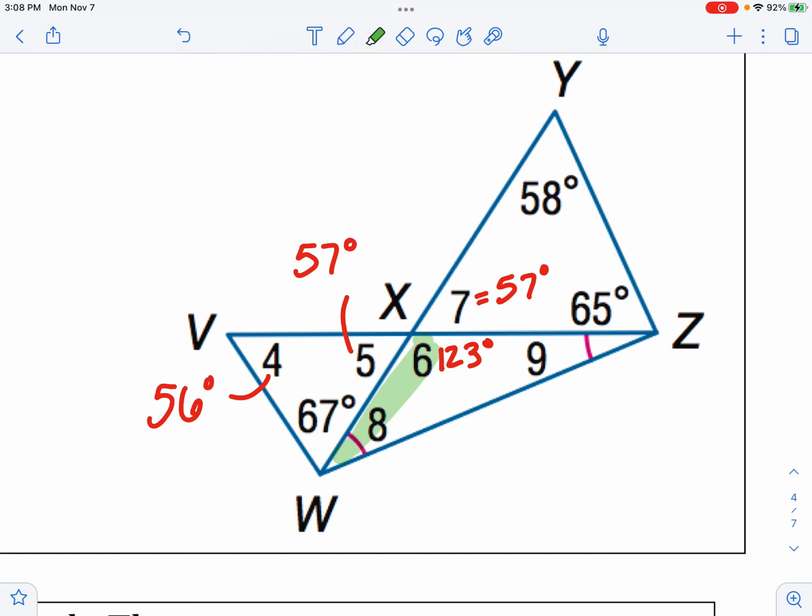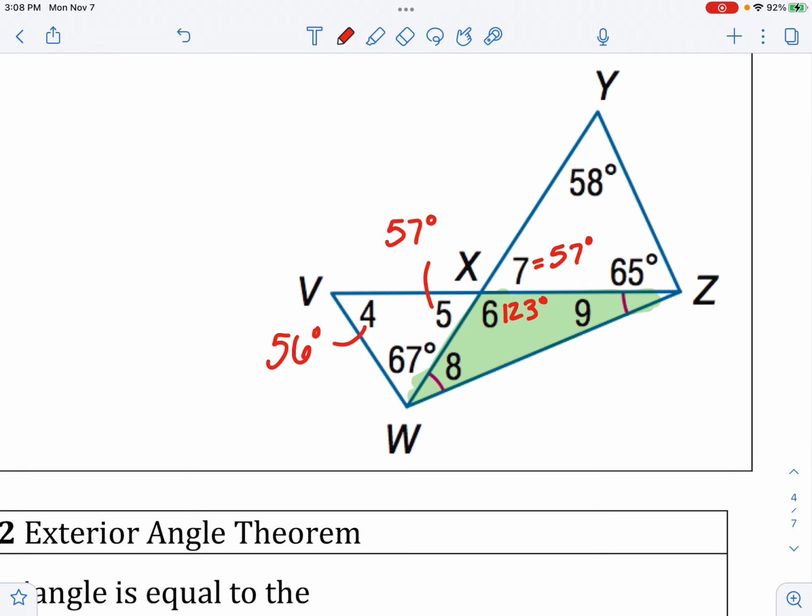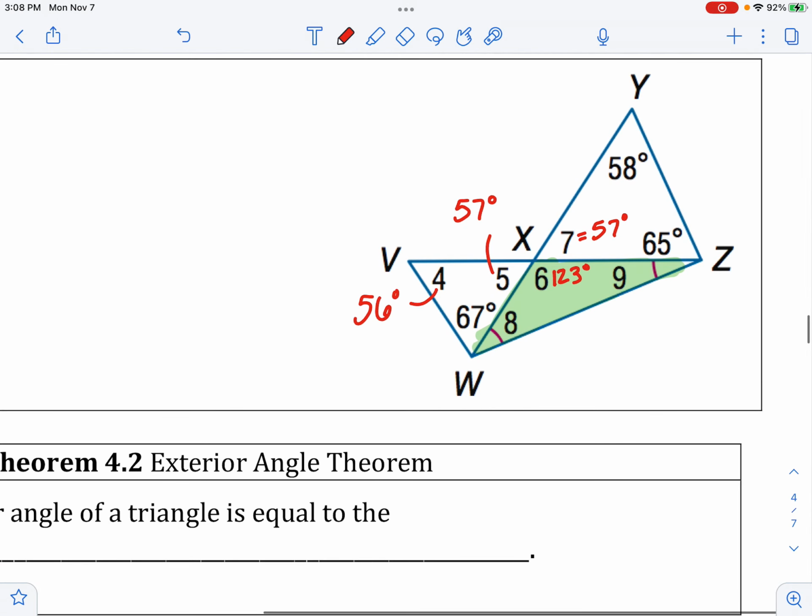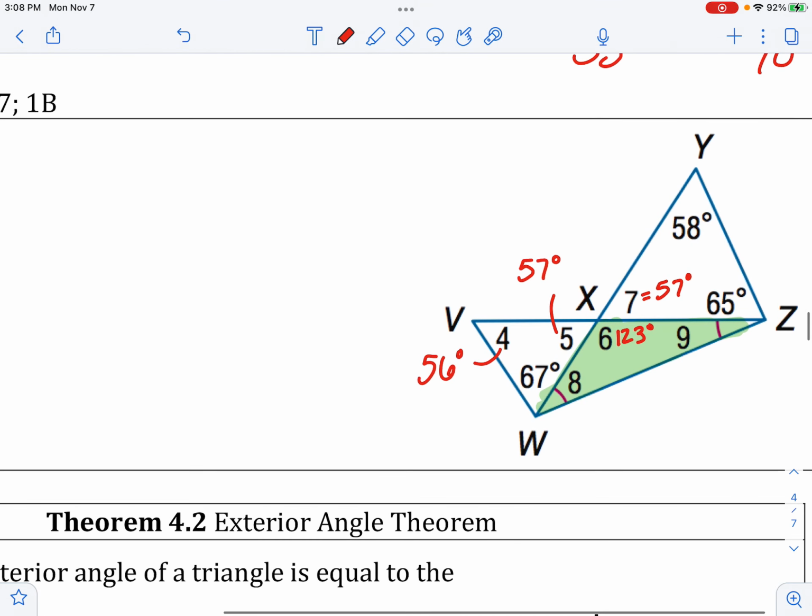And then the final challenging question is, how do I find angles 8 and 9? Well, what do you notice about those angles? What do those markings mean? It means that those two angles are congruent. So you could take 123 degrees plus, I don't know what 8 is, I can make that x.